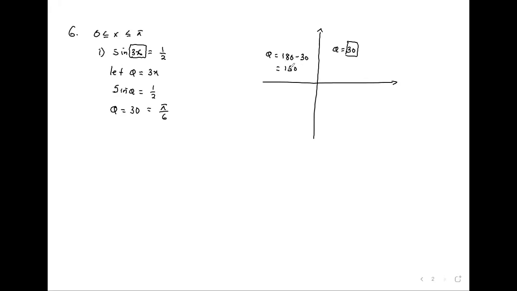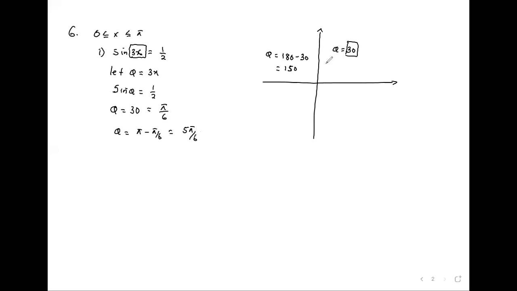But we must convert 150 to radians. So theta is also pi minus pi over 6, the same as 180 minus 30. So we'll get 5 pi over 6.